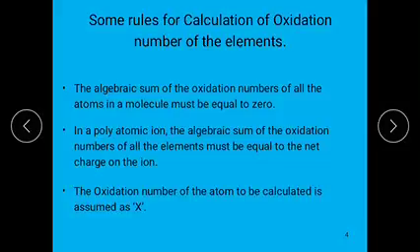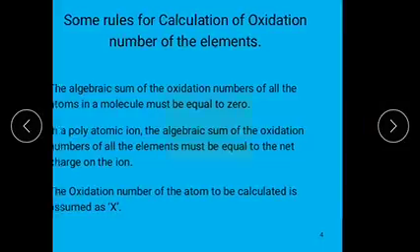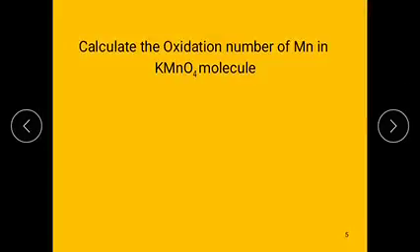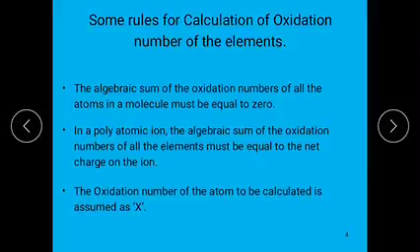The oxidation number of the atom to be calculated is assumed as X. The main concepts are: the algebraic sum of the oxidation numbers of all the atoms in a molecule must be equal to 0.